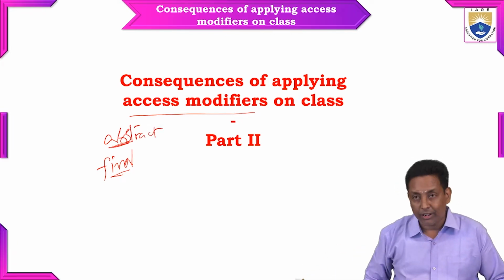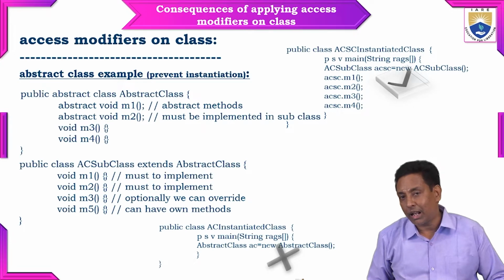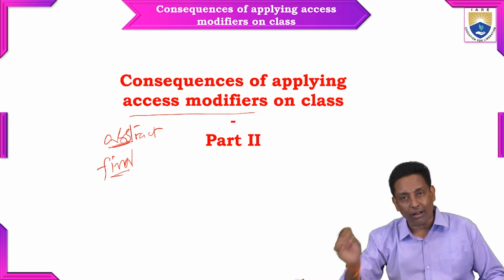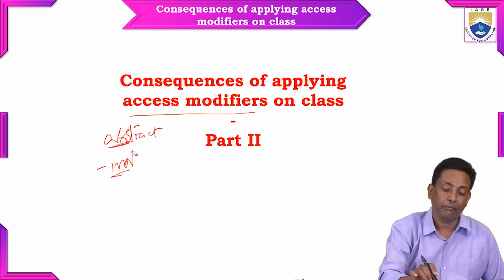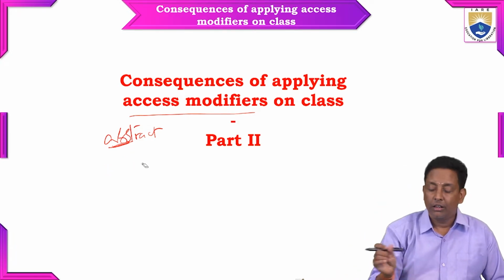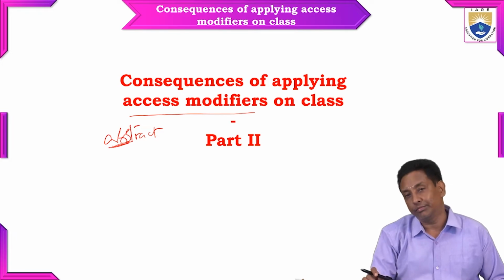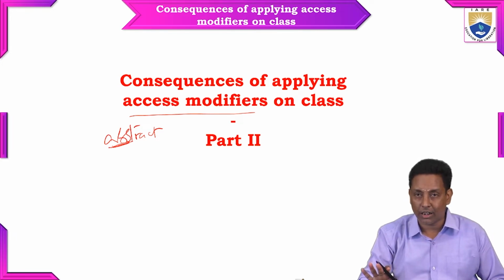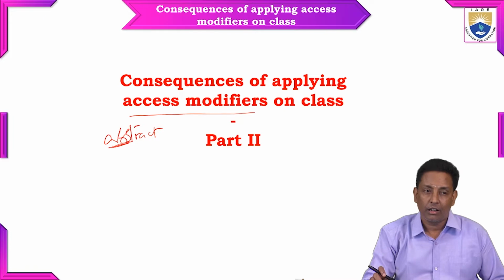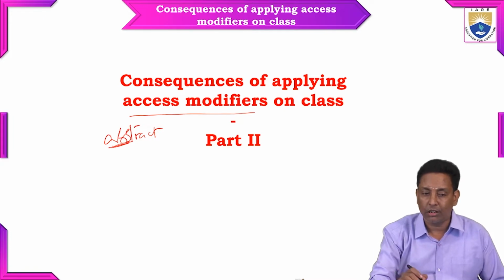So, here is one example given on an abstract class. You tell me which types of classes are declared as abstract. In my knowledge, an abstract class is declared only on two occasions.